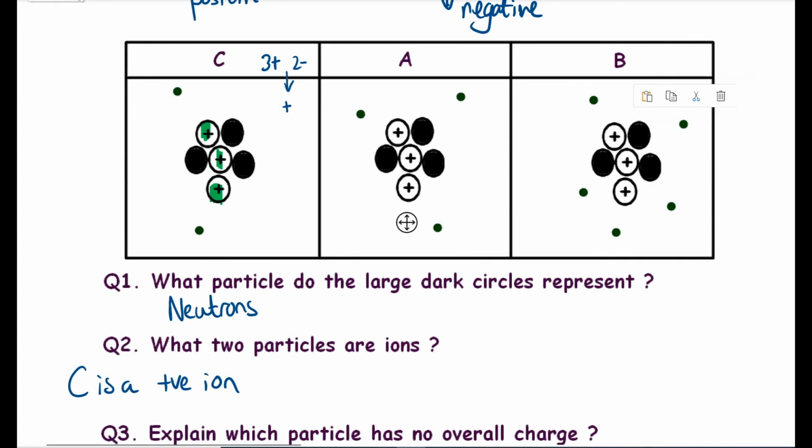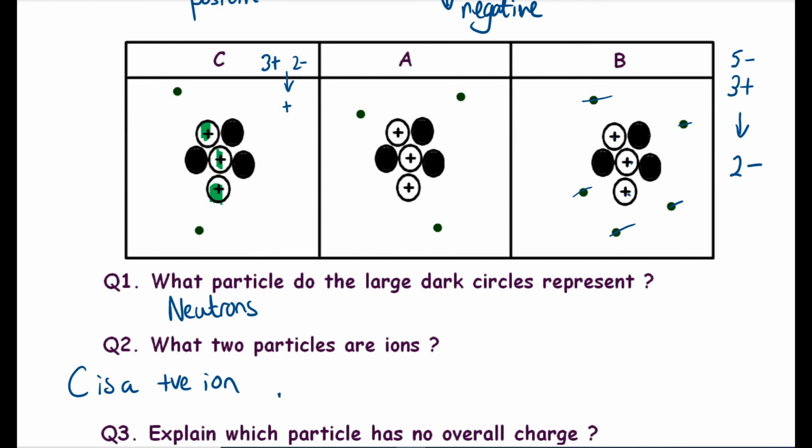If you look at B, well, you've got 5 electrons. And you've got 3 protons. So if you've got 5 electrons and you've got 3 protons, then it gives you an overall charge of -2.